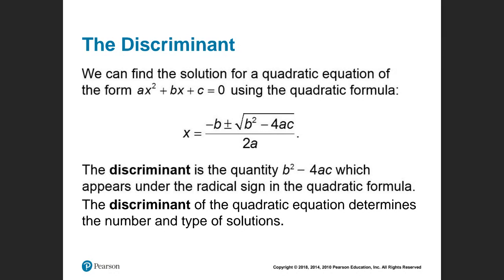So the discriminant, not the whole thing, the discriminant is only inside the square root. Okay, so the discriminant is the quantity b squared minus 4ac, which appears under the radical sign in the quadratic formula. The discriminant of the quadratic equation determines the number and type of solutions.